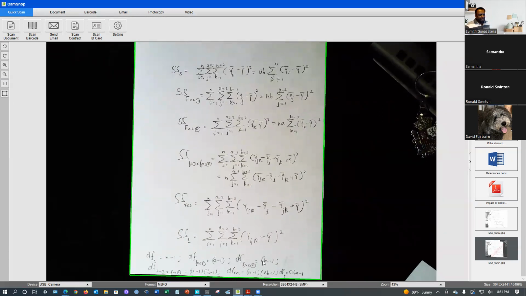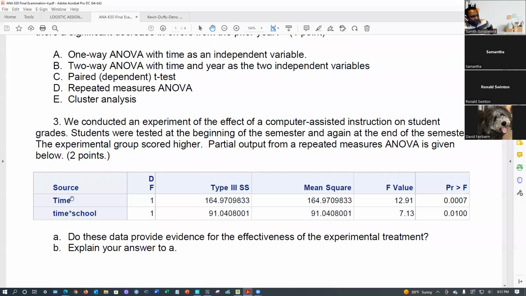Their corresponding degrees of freedom: sum of squares for the subject, sum of squares of factor 1, sum of squares of factor 2, sum of squares of the factor 1 times factor 2 interaction, sum of squares residual, and sum of squares total. We have 1, 2, 3, 4, 5, 6. But the output doesn't show all of them. They show only two: time and school. Time, that is factor A, factor 1, and factor 1 times factor 2.